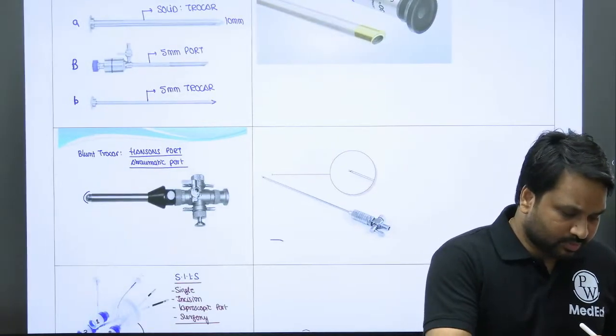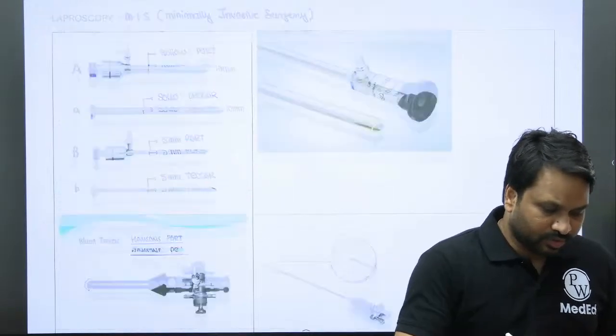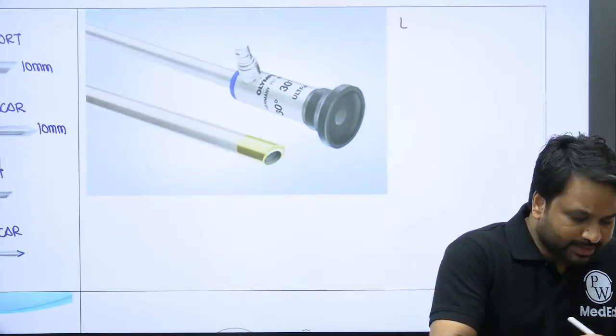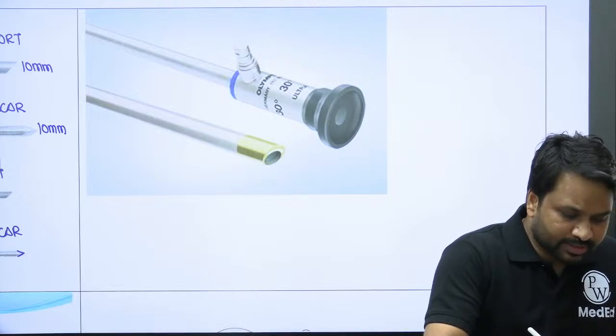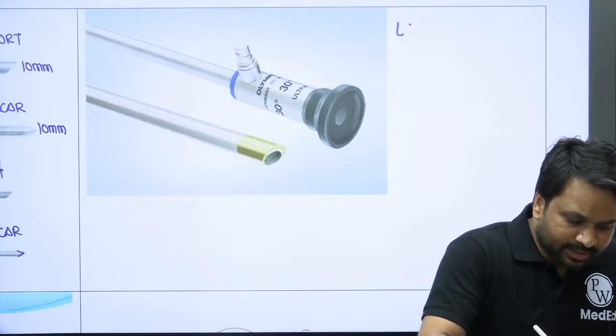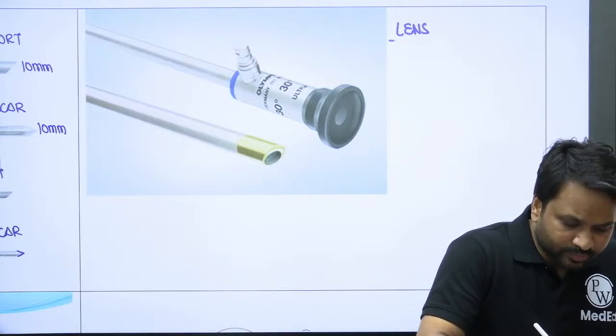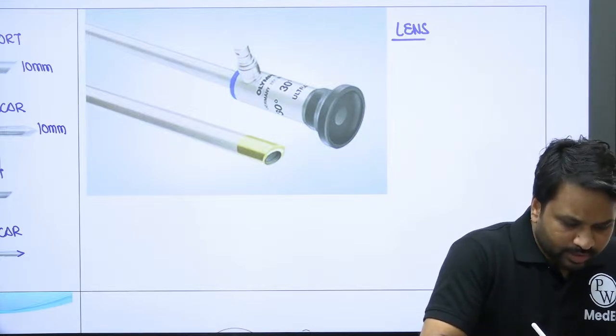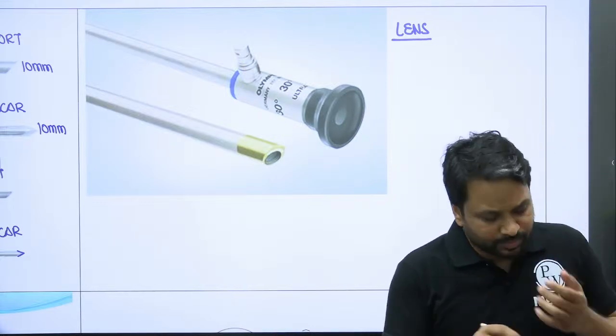Then comes this. Now this is what we call the lens. It is not called a camera. Do not misinterpret this as a camera. This is the lens, right? Now when you look at the lens, yes, Vijay Lakshmi, you are absolutely correct.